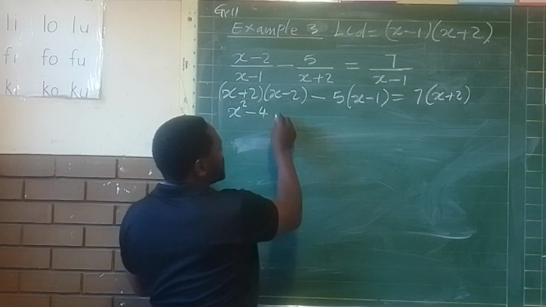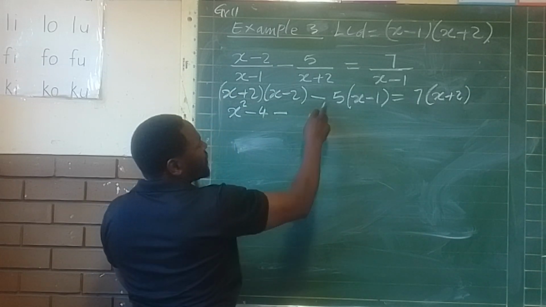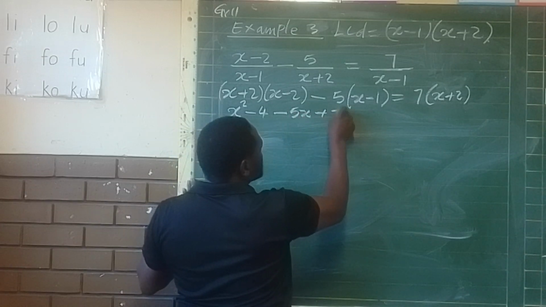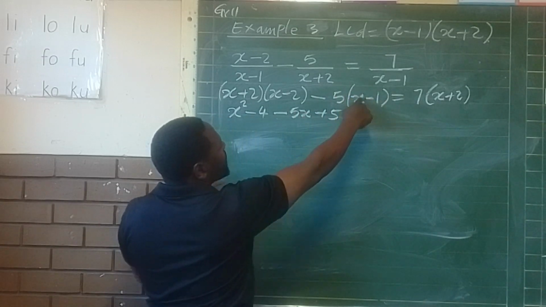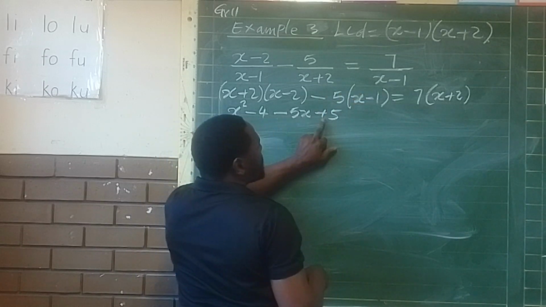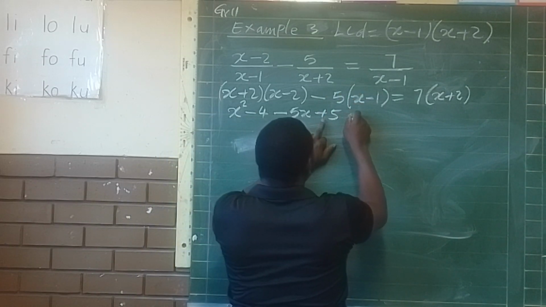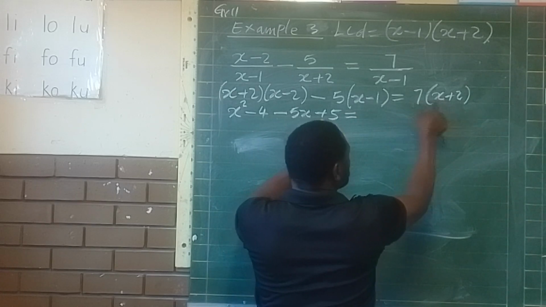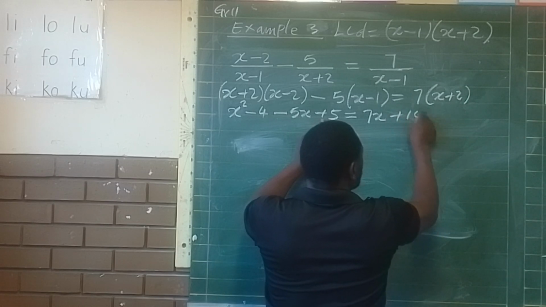I just skipped so many steps. Here you have minus 5 times x plus 5. You multiply here, you get minus 5x. You multiply here, you get positive 5. Is equal to, though we are solving for x, 7 times x is 7x. 7 times 2 is plus 14.